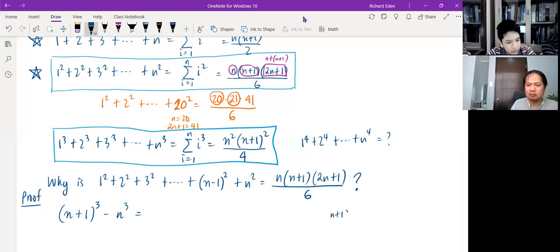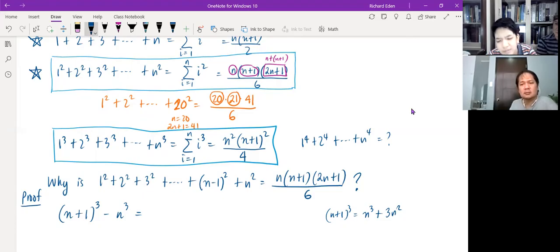Kasi diba, n plus 1 to the third power is, you know how to expand a binomial, yes? So, ano to? This will be n cubed plus 3n squared. Ay, hindi pa pala siya A tsaka B. So, wait lang.